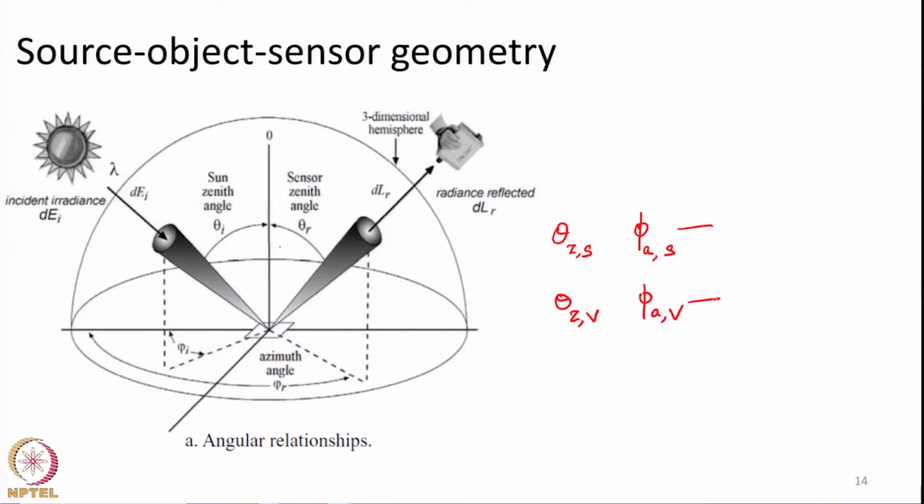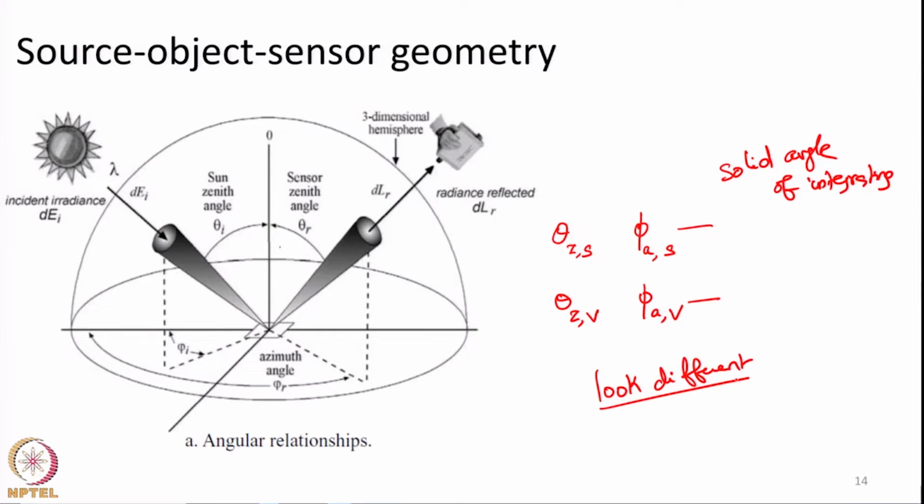These, in combination with the solid angle over which we are integrating, make the earth surface objects look different. So, this is what I explained as source, object, sensor geometry in the last class.